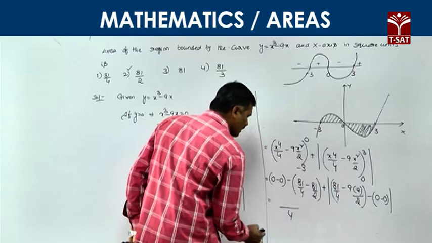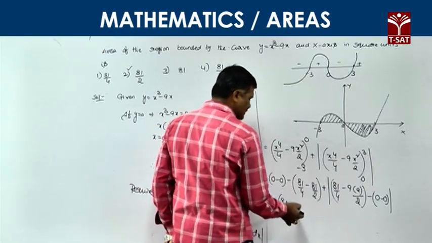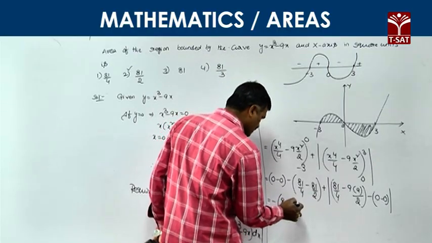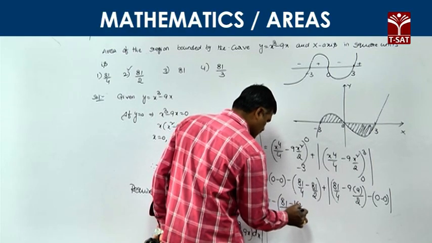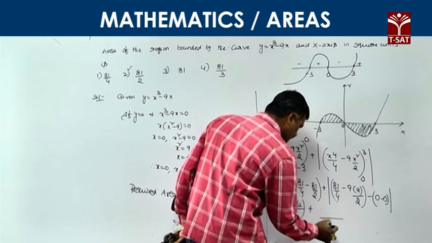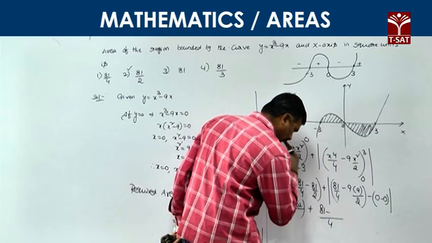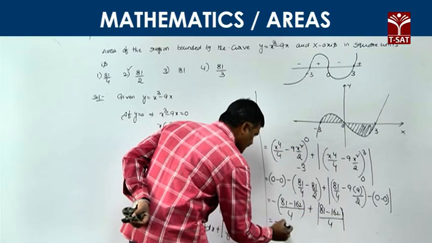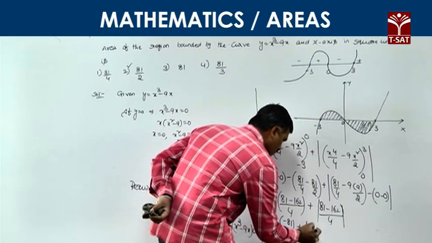That is equal to 81 by 4. You can take 4 as the LCM: 81 minus 2 times 2, since 2 goes into 4 two times, 2 into 81 is 162, plus 81 by 4. Again here LCM 4, 81 minus 162, that is equal to minus of minus 81 by 4, plus modulus of minus 81 by 4.